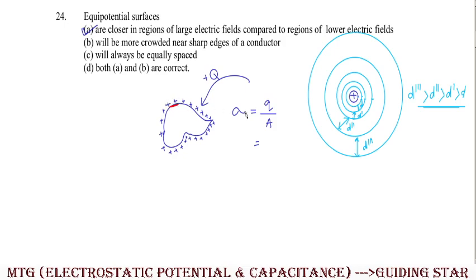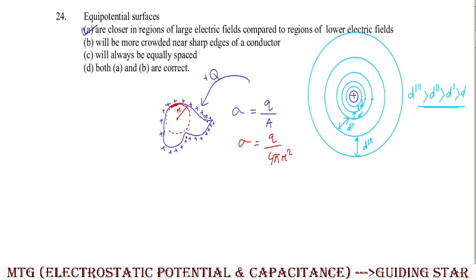So the surface charge density can be written as q upon 4 pi r squared. For this flat surface, if I draw one imaginary sphere, it will be like this. So that curvature part will have one radius, let it be r. That is the radius of curvature of this curve.